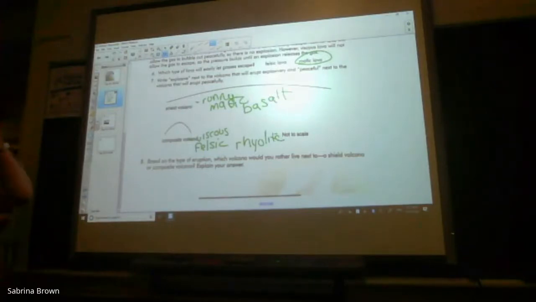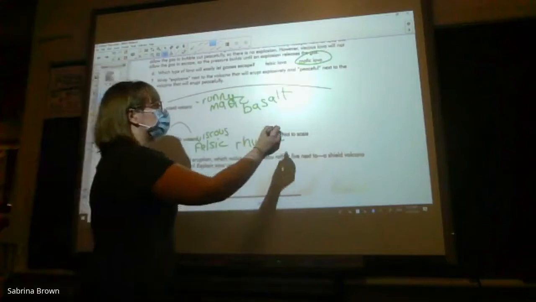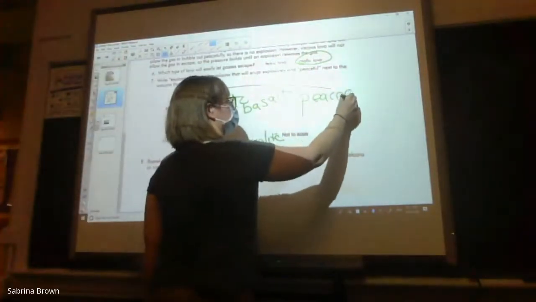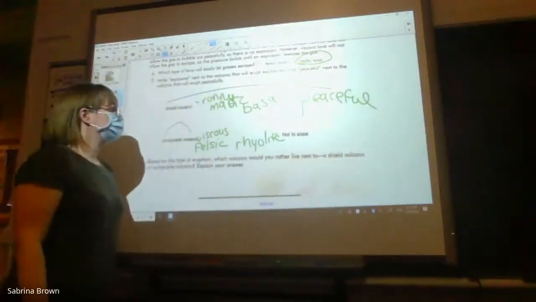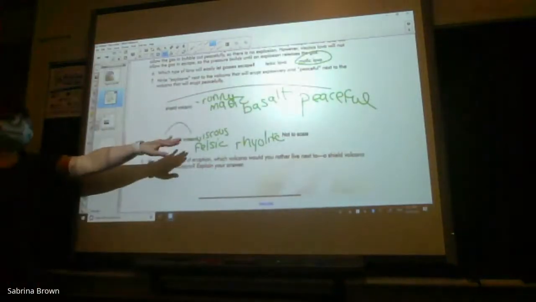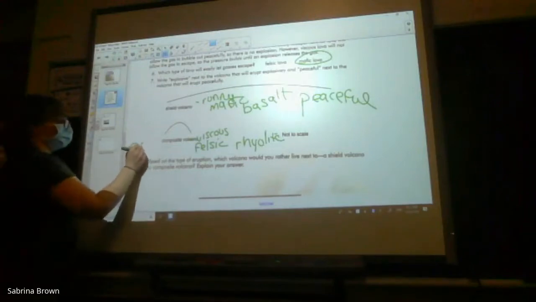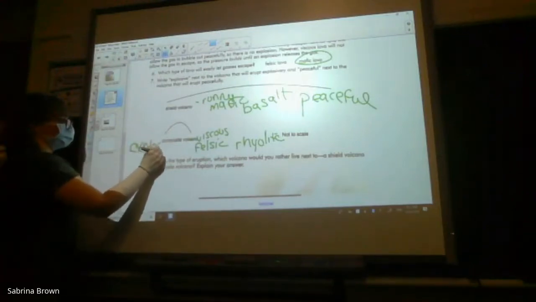All right, so then we'll write explosive next to the one that erupts explosively and peaceful next to the one that erupts peacefully. If mafic lava lets gases escape easily, then it is peaceful. Yep. And composite volcanoes with viscous lavas have explosive eruptions.